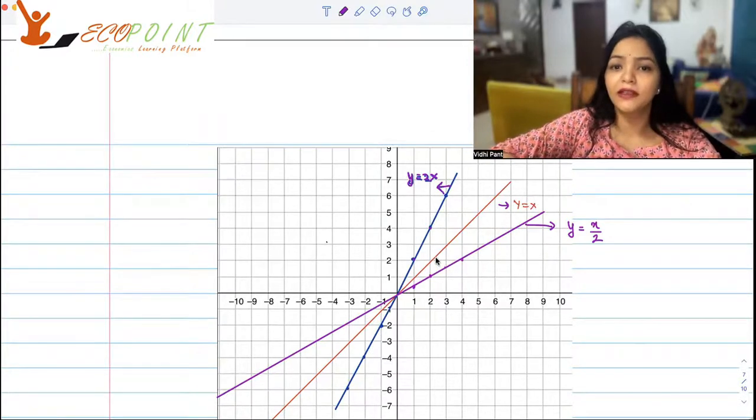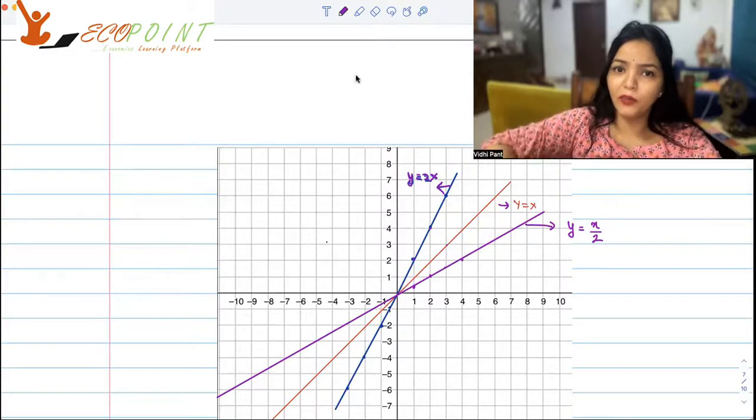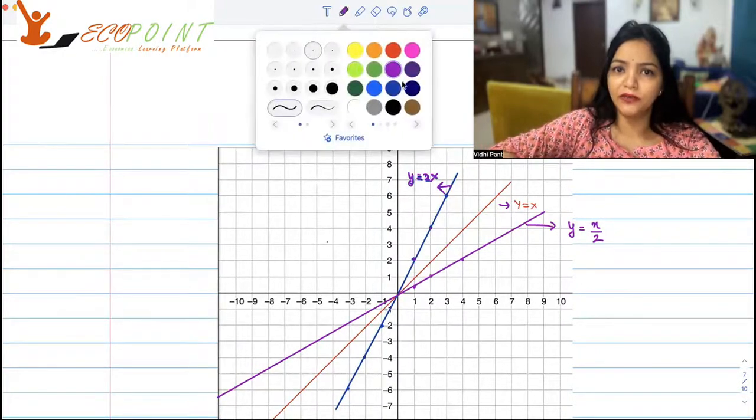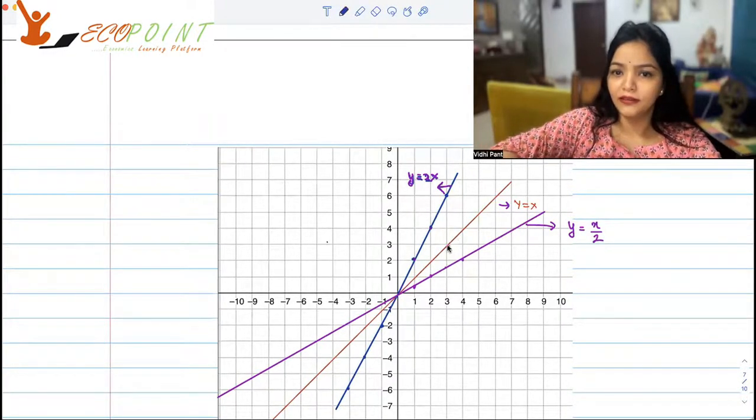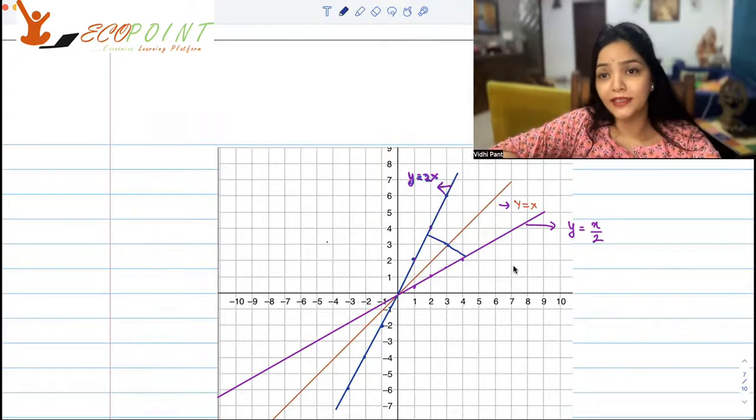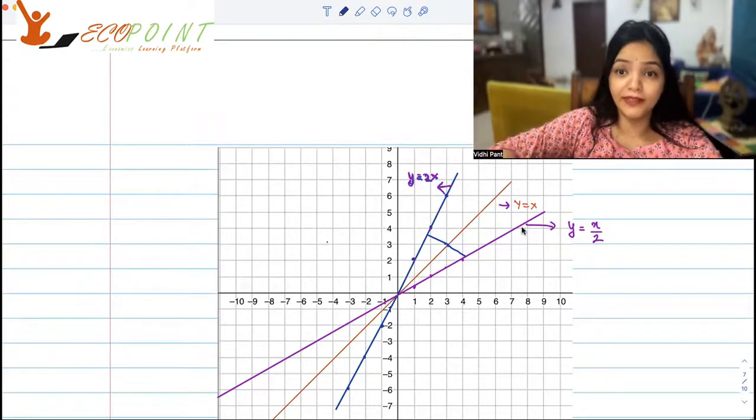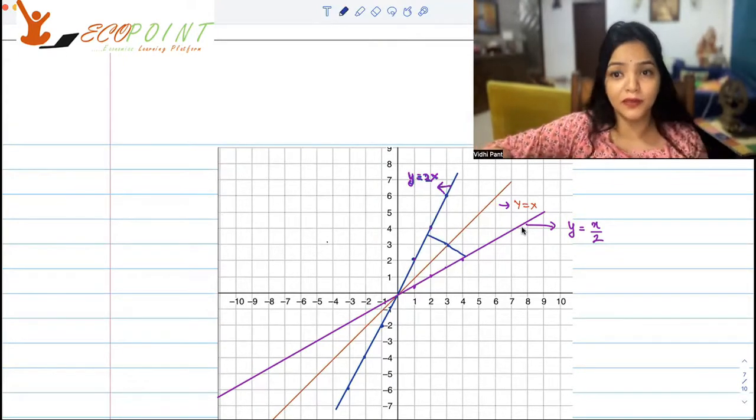Notice something. Any point on the graph that you will see, if you see the perpendicular distance, it's going to be the same from 2x and x by 2. Everywhere, which basically means it's nothing but a mirror image. These two graphs are mirror images about y equals x. Across y equals x, they're exactly the same.